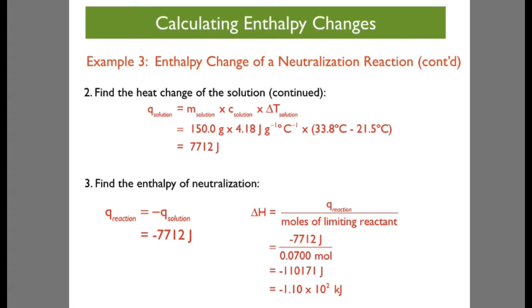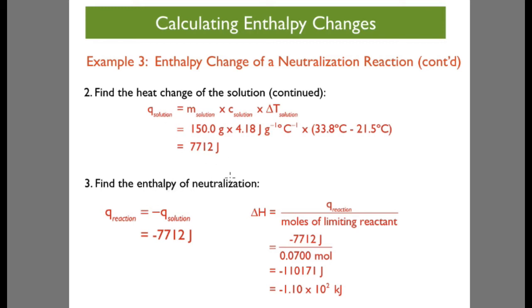So we're going to find the heat change of the solution, put in the 150 grams, 4.18, and our final temperature minus the average initial temperature to get the joules, the heat of the solution.